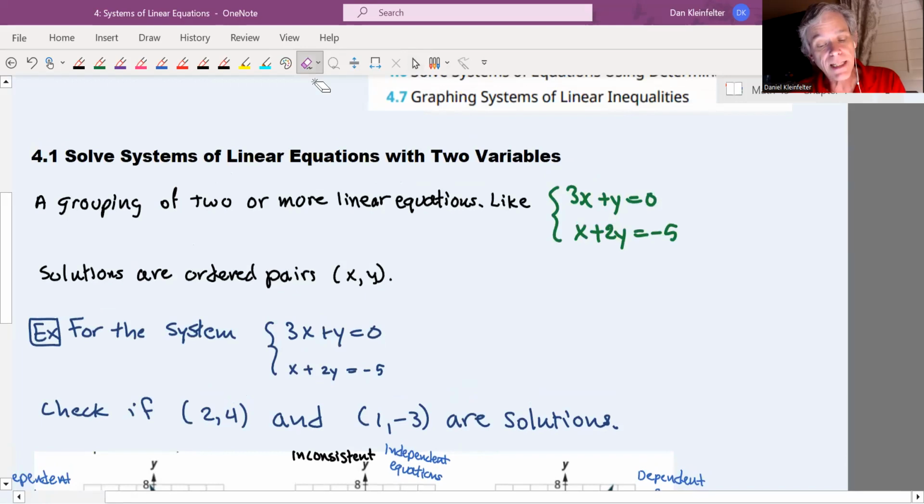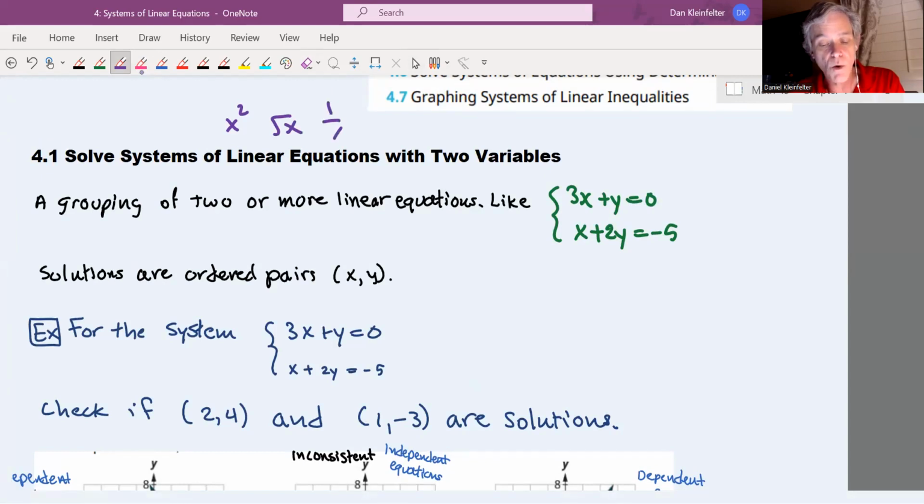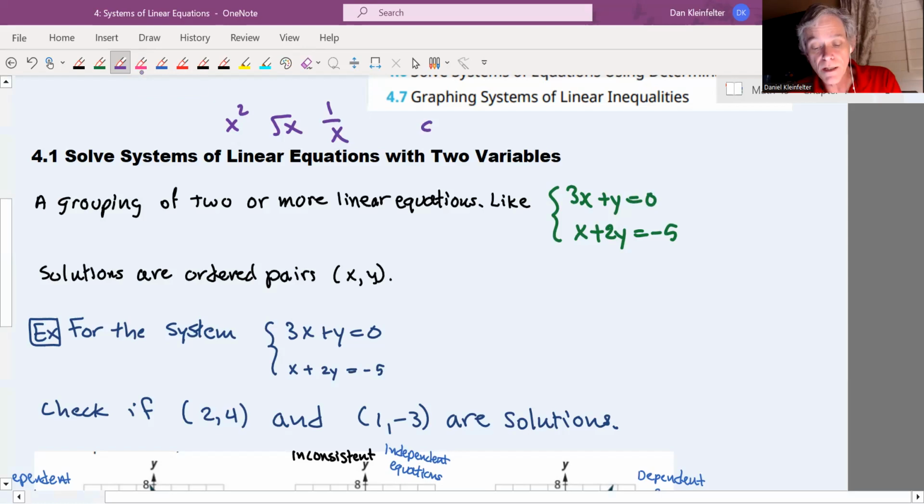What makes them linear equations is that you don't see any x squareds or square roots of x's or 1 over x's, nothing like that. All of the equations can be made to look like ax plus by equals c, where the exponents on the 2 variables are just 1s. So they are linear equations.